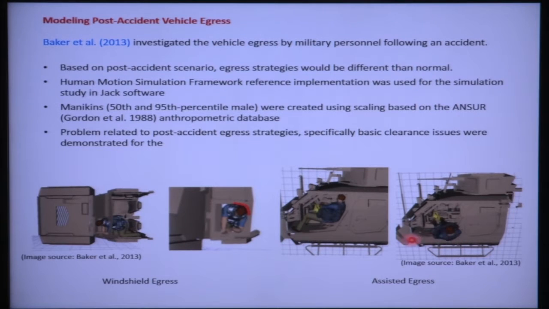He is not coming out following the normal egress process; his body has to move and come out in a horizontal posture. So, these various issues have been demonstrated, and accordingly they suggested what type of modification should be implemented in this army vehicle.